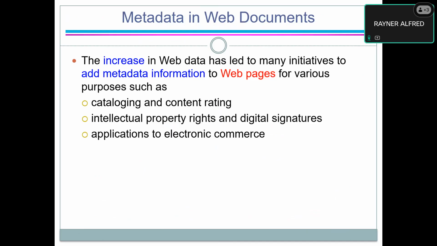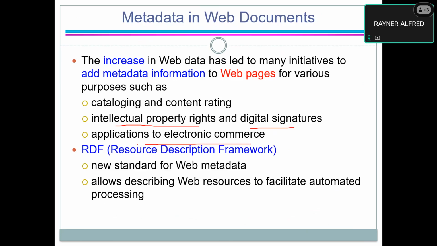We also have digital signature, because every document on the web, they must have IP right, meaning that you cannot simply copy, and they have digital signature, and in most cases they describe item related to electronic commerce. Okay, so all the product that we have on the market, on the web, they are all described by using a document or a brief description of the item.